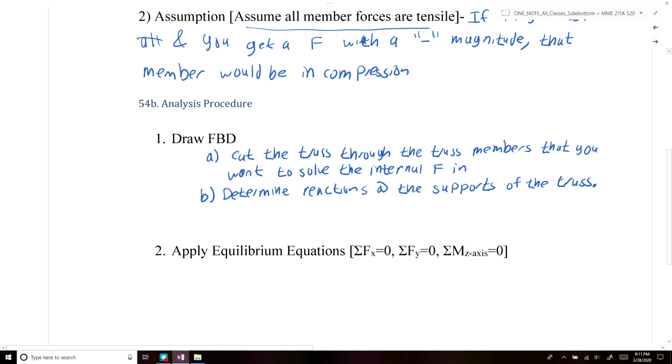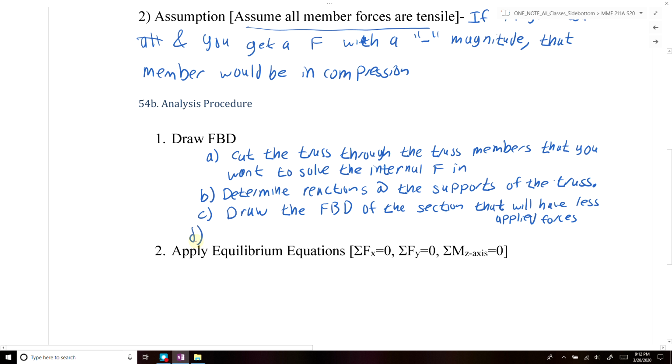After you do that, you can then draw the free body diagram of the section that will have fewer unknown forces, or fewer applied forces, I should say. And then the last part is that you would assume the direction of the unknown forces within the members.